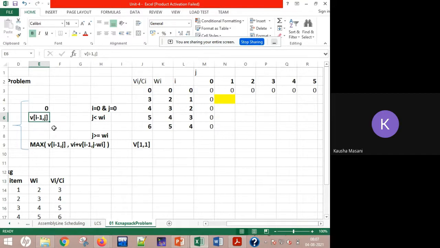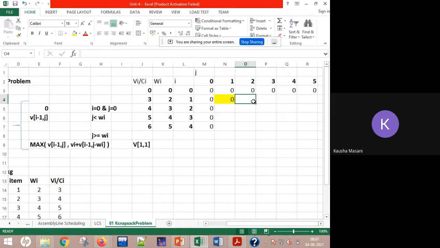My i value is 1, and 1 minus 1 is 0, so 0 comma 1. That is this cell, so I have to pick that value. In other words, I pick the above cell value, which is 0. Correct.